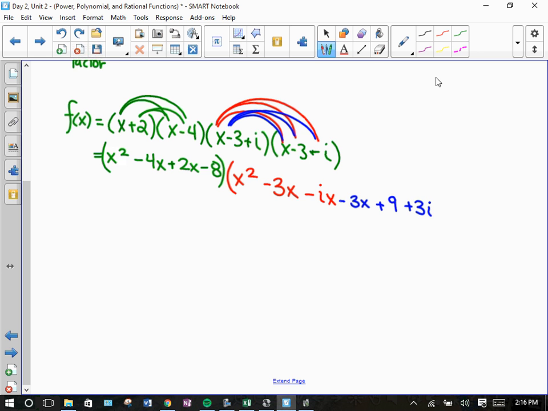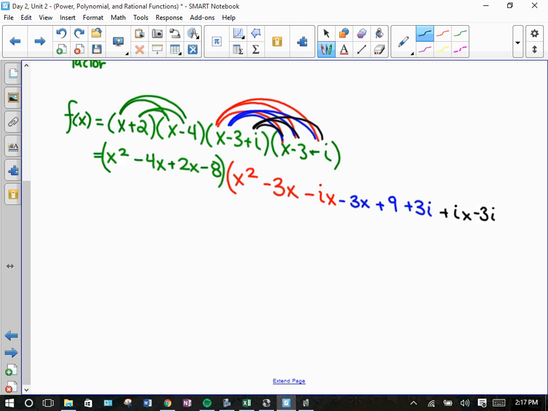Here's the thing. At the end of this, we should have no more i's. So then finally, you're going to do i times x. That's going to be positive ix. i times negative 3, that's going to be negative 3i.